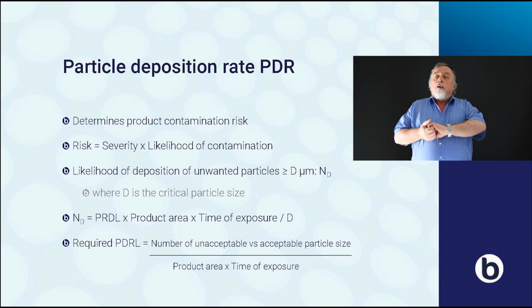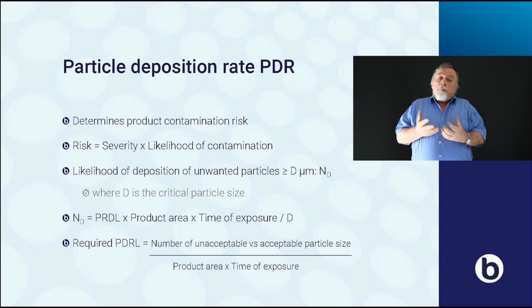Severity means the consequences of contamination, so that could be high if particles are large and could be lower when particles are small. And the likelihood of particles depositing onto a product is in fact related to the product area and the time the product is exposed.